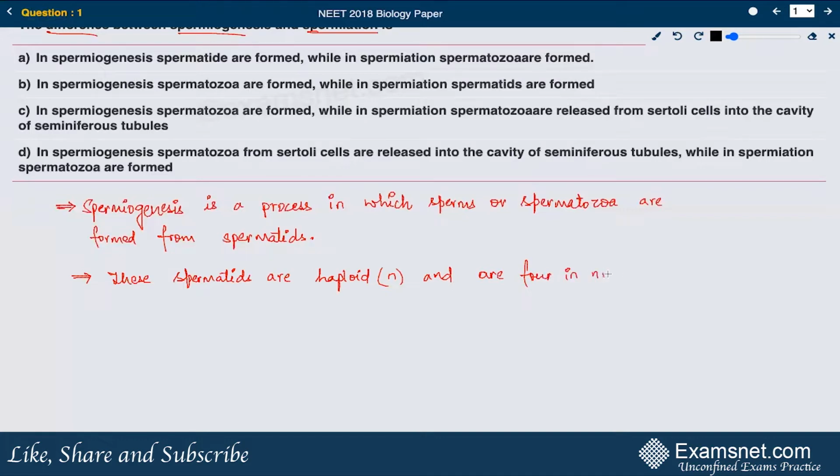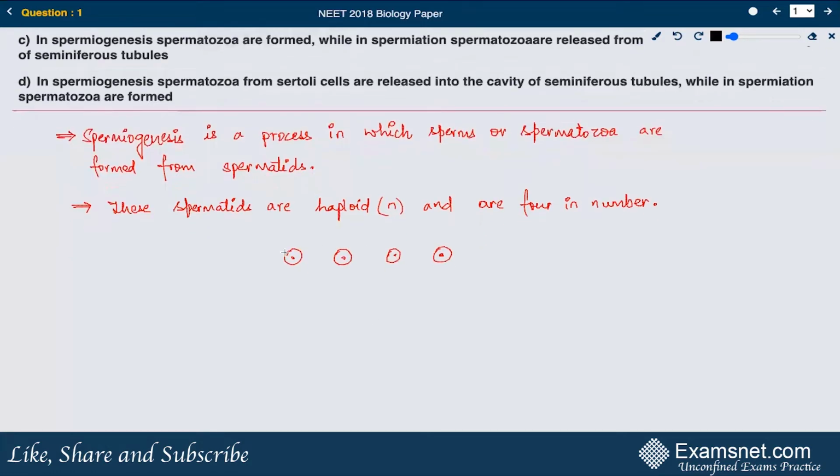And each of these spermatids is going to transform into a respective sperm or spermatozoa like this.